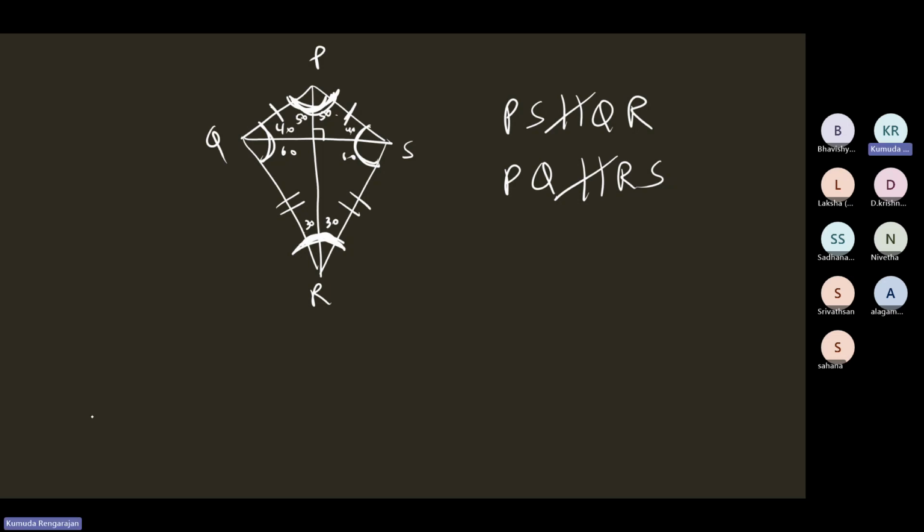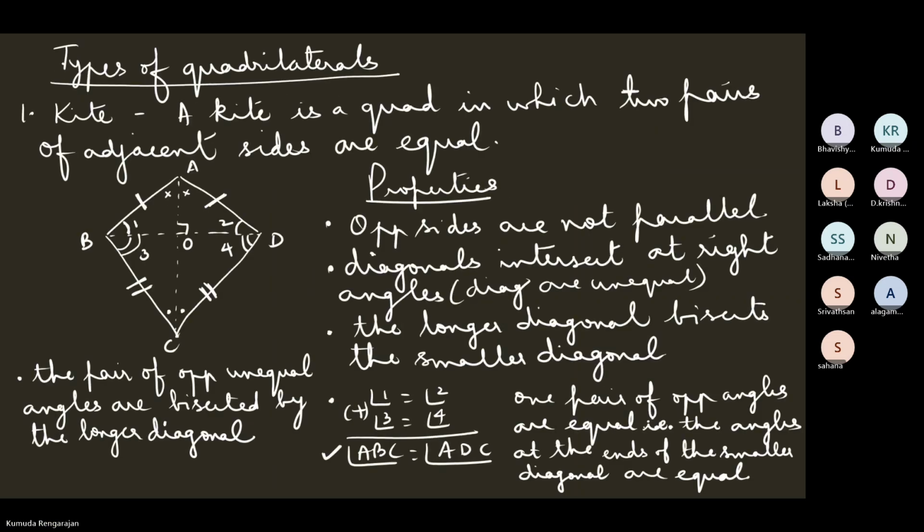The angles at the ends of the shorter diagonal are equal. The angles at the ends of the longer diagonal are unequal. The unequal angles are bisected. The equal angles are not bisected. That's about a kite. Next, trapezium.